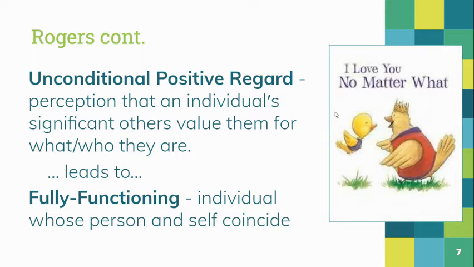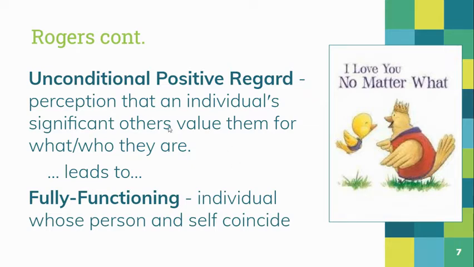This is the kind of book that is really trying to teach kids that from a parent's perspective, unconditional positive regard is the thing that they're hoping for or pushing for, that really you can be your whole self, your true self, and you're loved in a family because you are, not because you're acting a certain way, not because you're getting certain grades, not because you're practicing your trumpet or whatever it is. Like, you can be who you are and you still get loved just for that.